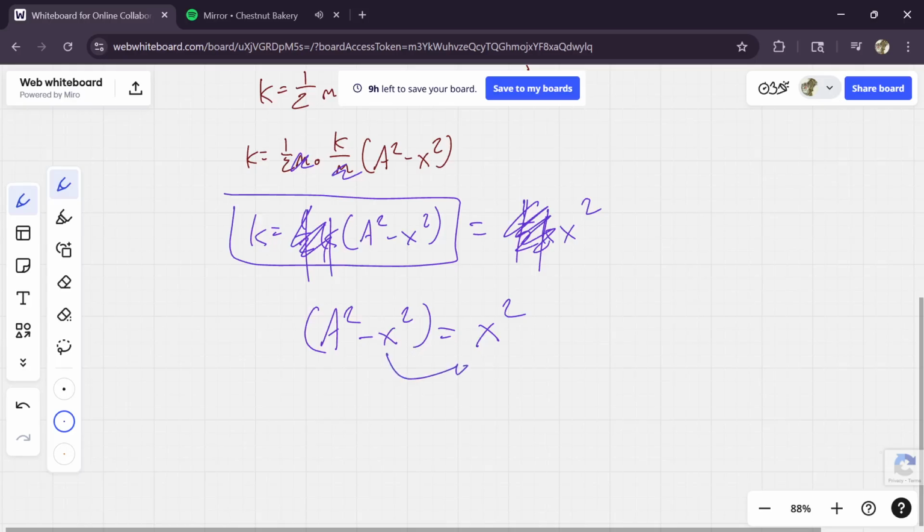We move this to this side, so A squared is equal to 2x squared. Then you divide both sides by 2, so you get A squared over 2 is equal to x squared. And then you square root it.